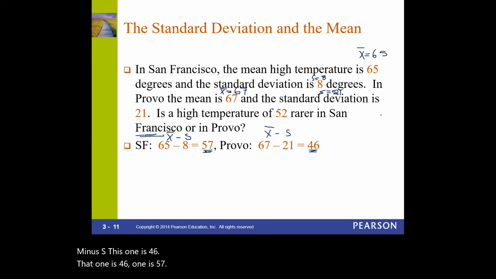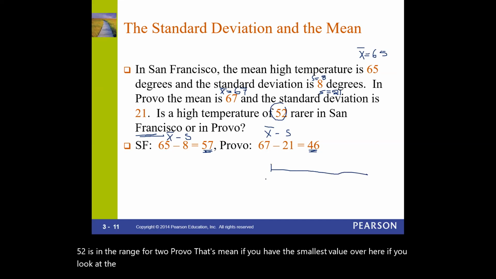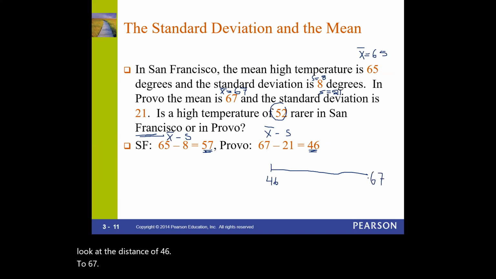So look at it here. If you look at 52, 52 is in the range for Provo. That means if you look at the distance of 46 to 67, 52 is somewhere around here.